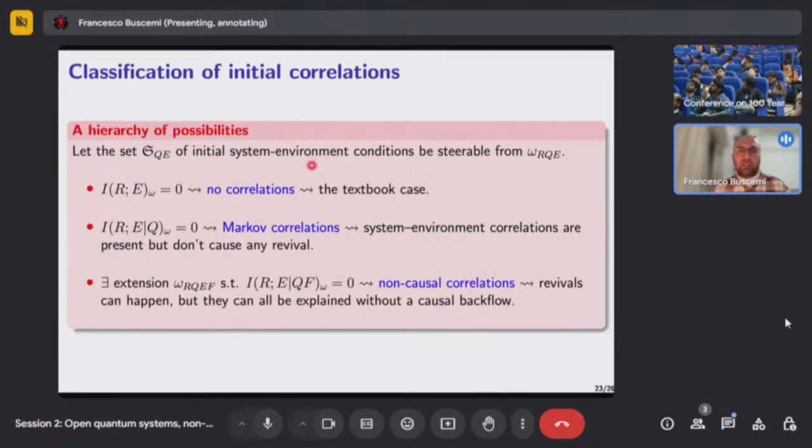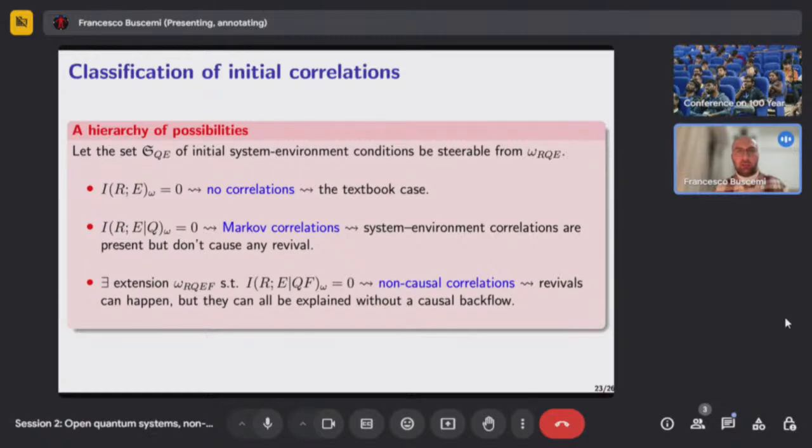So what this suggests is that we should actually look more into a hierarchy of possibilities. That starts from the case of no correlation at all between the reference and the environment. This is the textbook case. And then you have the next step, which are possible correlations between system and environment, but correlations that satisfy the Markovianity condition. So correlations that are there, but don't cause any revival whatsoever.